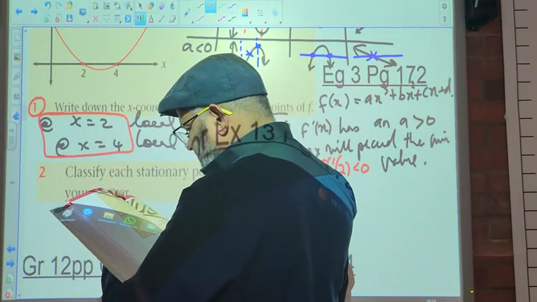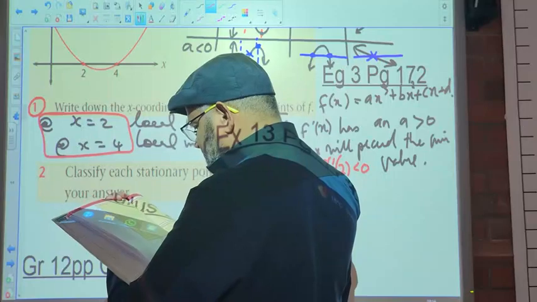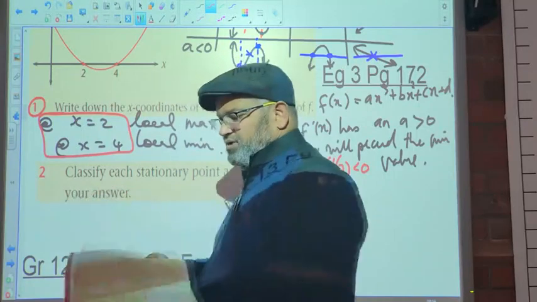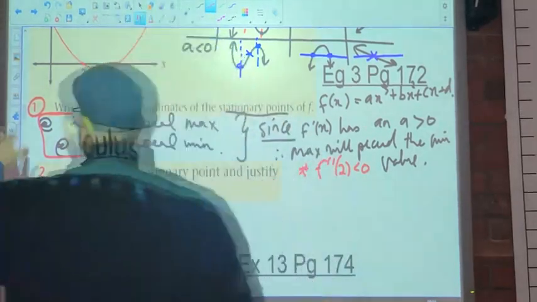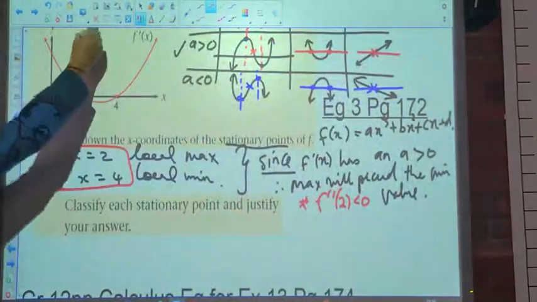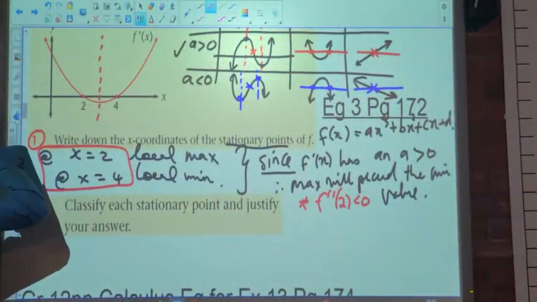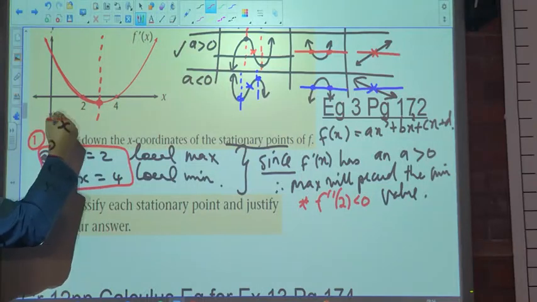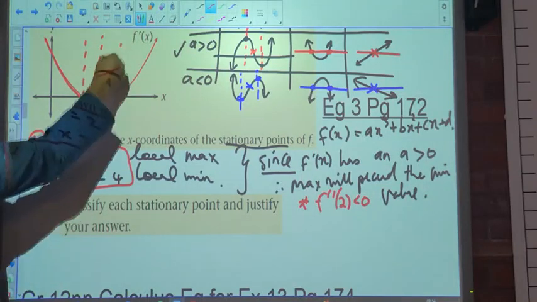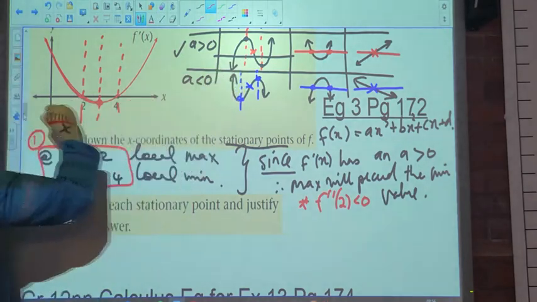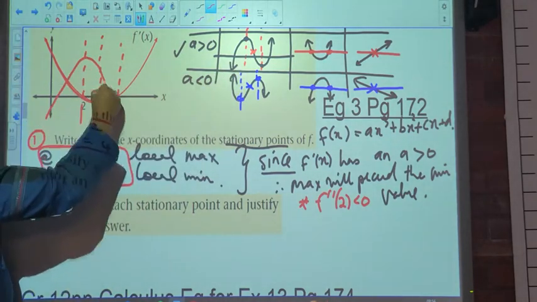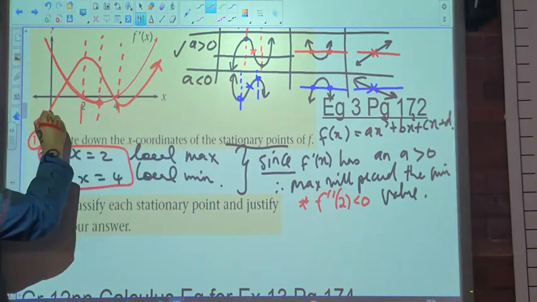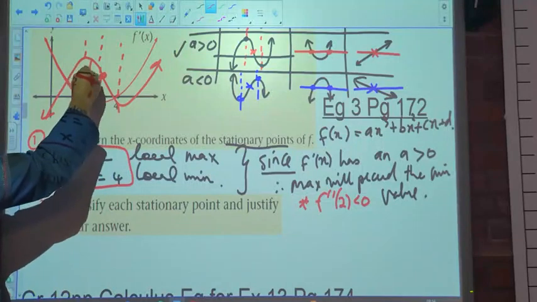The graph is concave down at x equal to 2, and the stationary point has to be a local maximum. So what they did was, they looked at this here. The graph is decreasing here, so we must draw this graph. Remember, the graph must first go up, then down. Not so? So as you can see here, the graph is concave down.